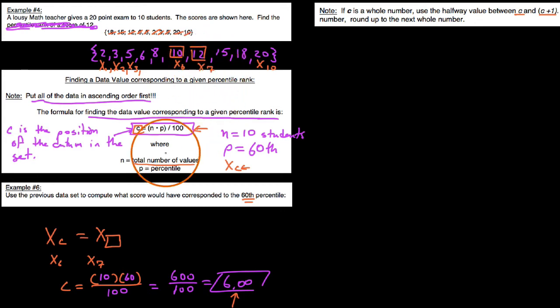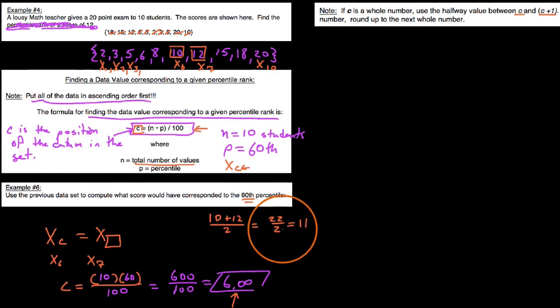So what we want to do is say that the datum corresponding to the 60th percentile would be the average of 10 and 12. So 10 plus 12, it's really the midpoint of those two numbers, over 2. We get 22 over 2, and obviously you would get 11.